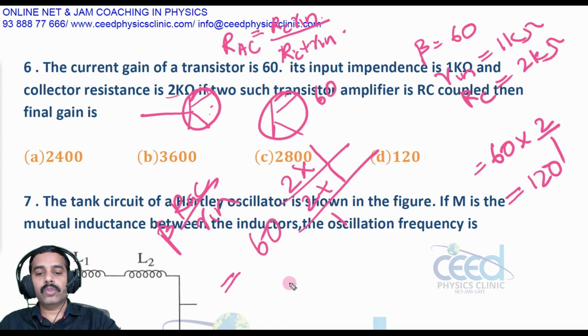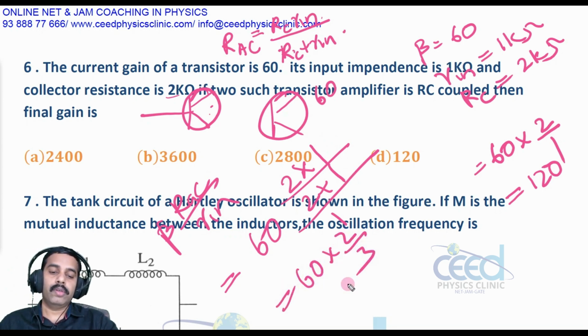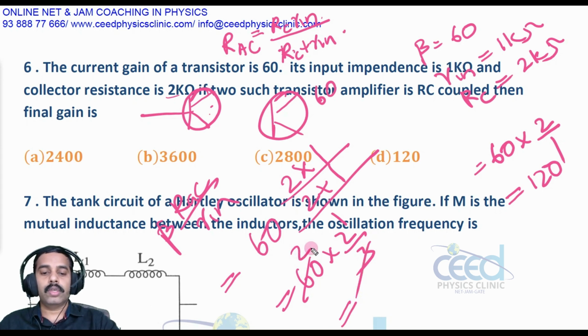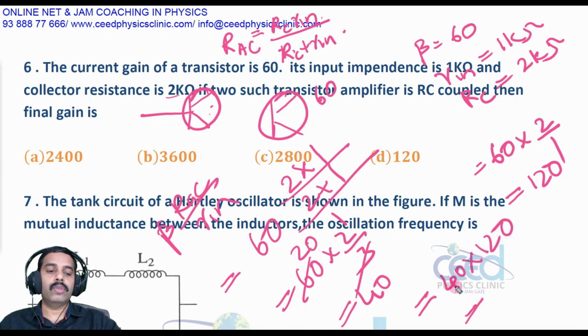So 60 into 2 by 3, that is equal to 40. Then 40 into 120. So the total gain will be 40 into 120, that is equal to 4 into 12, that is 48, so 4800.